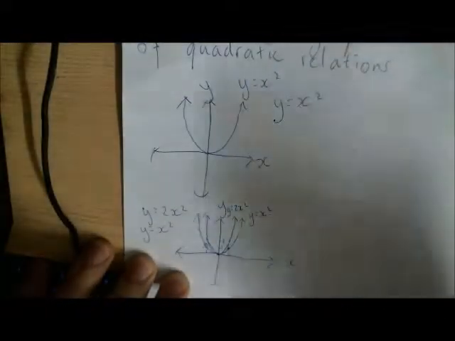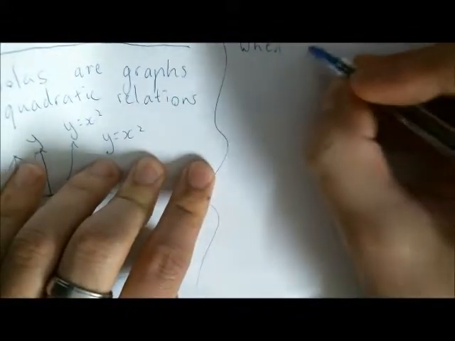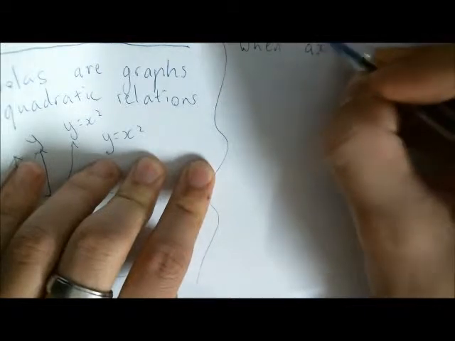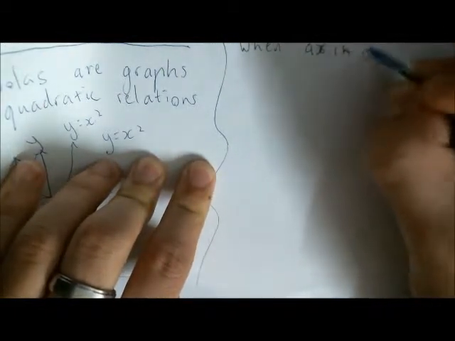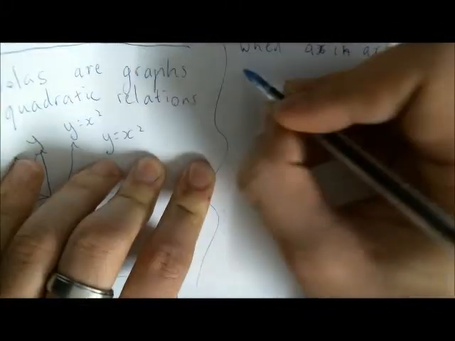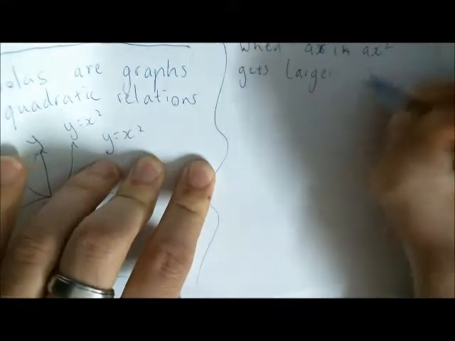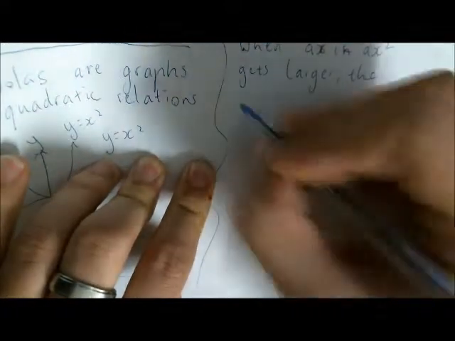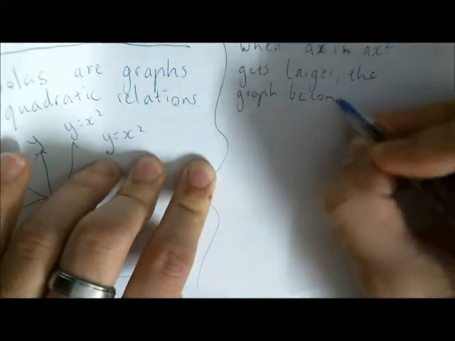So basically what we can say is, when a in ax squared gets larger, the graph becomes narrower.